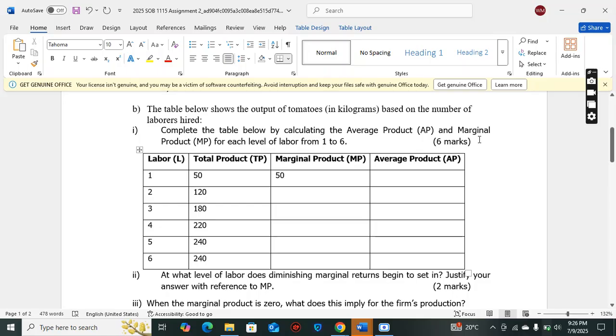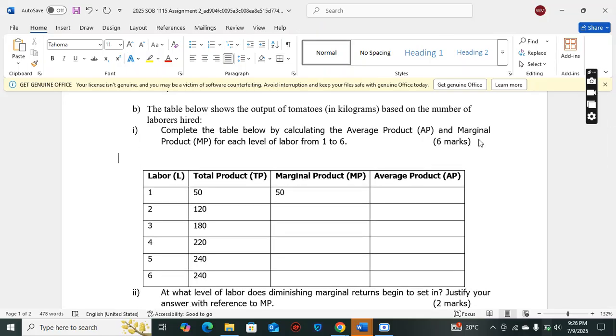Oh, let me even put the formula for marginal product. Marginal product equals TP2, total product 2, minus TP1, total product 1, divided by L2, the new number of workers, minus L1, the old number of workers.